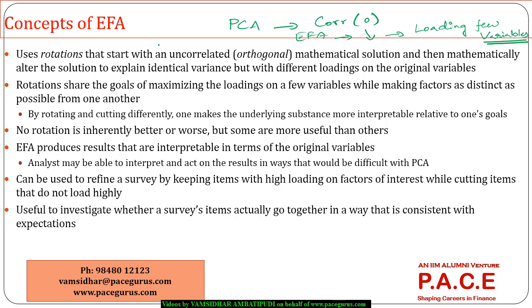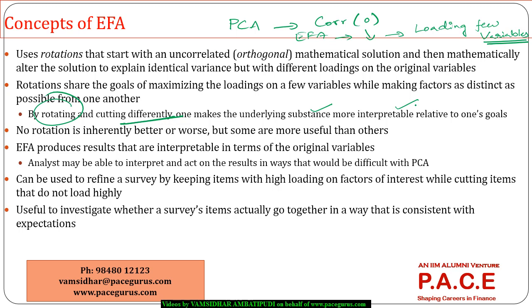So there are different kinds of rotations that are performed. It's as good as the cutting is done differently. So the overall understanding and interpretation becomes much more comfortable relative to the goal we are going with.